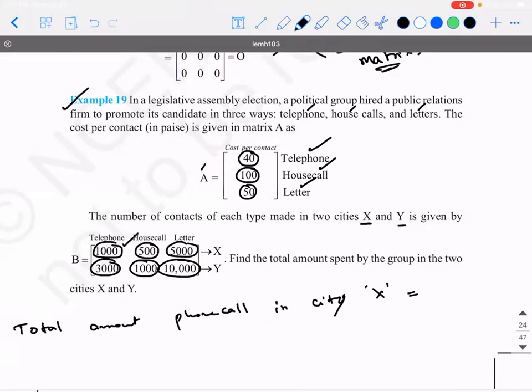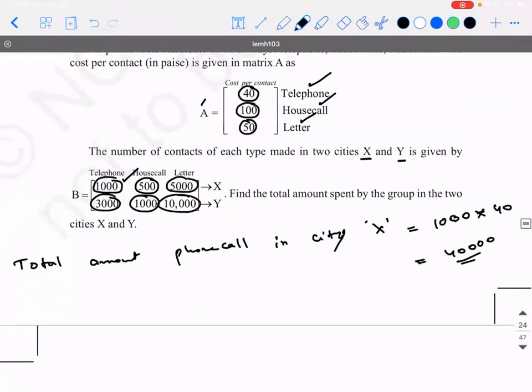So how many people are there? 1000, sir. 1000 into per each person, how much are they spending? 40. So it is going to be 40,000 paise, or divided by 100, it is going to be 400 rupees. Yeah, they're able to understand.